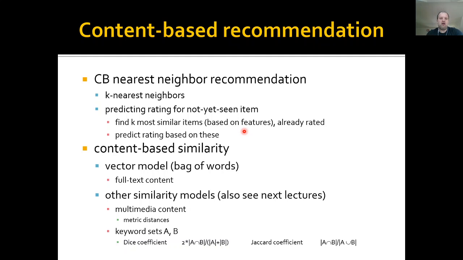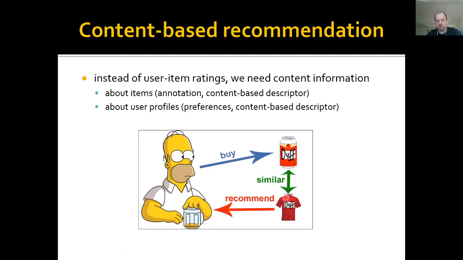For measuring the similarity itself between the items, we need to use some content-based similarity measure, and it depends on the similarity model that is established for the items. If only visual information is known and there is no annotation, we could use visual similarity, like the layout of the colors.